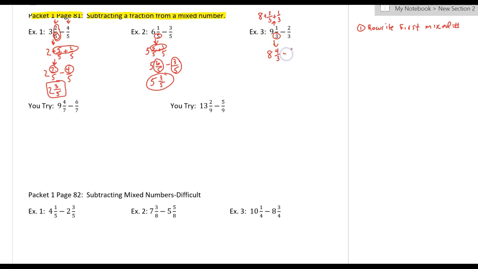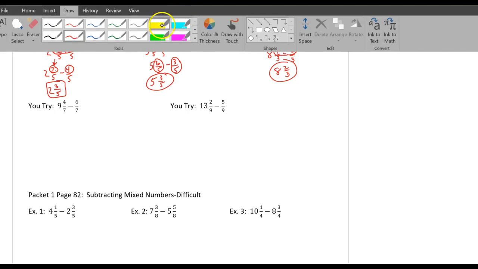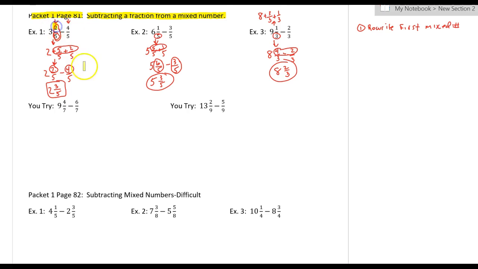Then we're going to subtract the 2/3. 8 minus 0 is 8, but then 4/3 minus 2/3, 4 minus 2, gives you 2 over 3. Now you only have to do this method if the numerator of your mixed number is smaller than the numerator of the fraction you're subtracting.